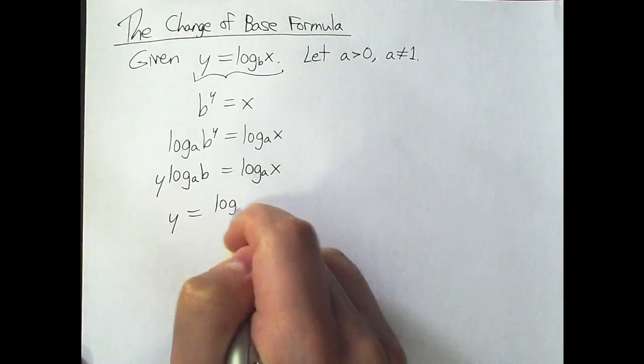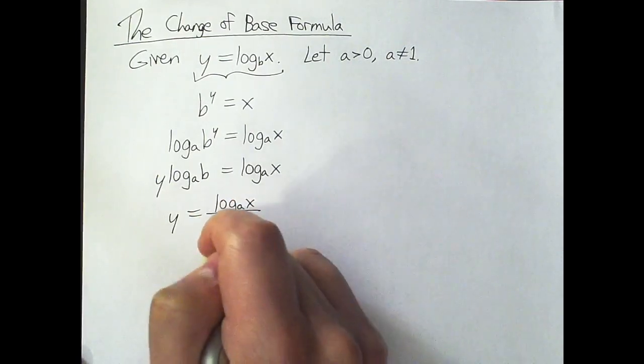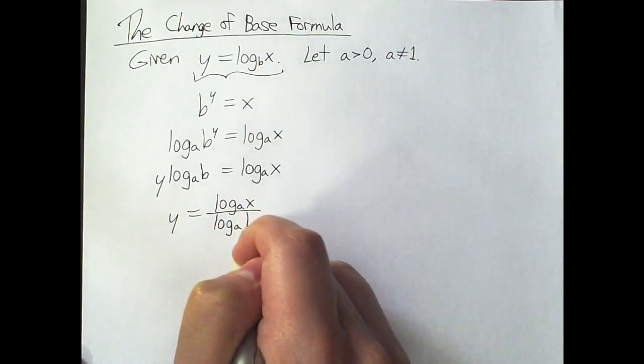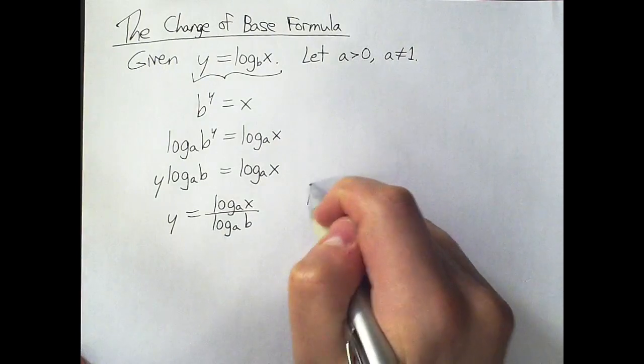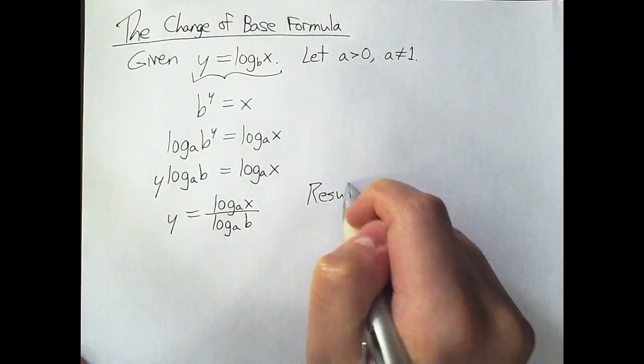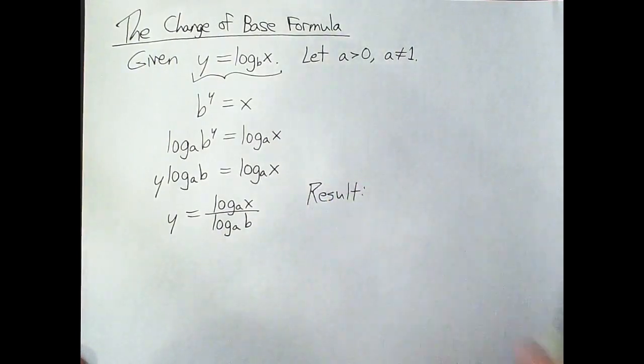Y is the right-hand side divided by this thing. So I just divided both sides by that denominator there. So what is the result of all this?